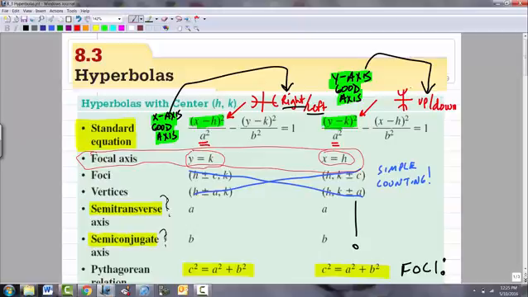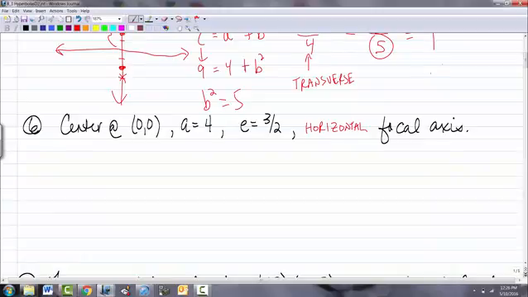So when I go back to the set of notes that has a horizontal focal axis, which way does it go? Right, left, or up, down? It goes right, left. So what does that mean it is? X squared minus y squared or y squared minus x squared? It's an x squared minus y squared. The focal axis goes right and left.